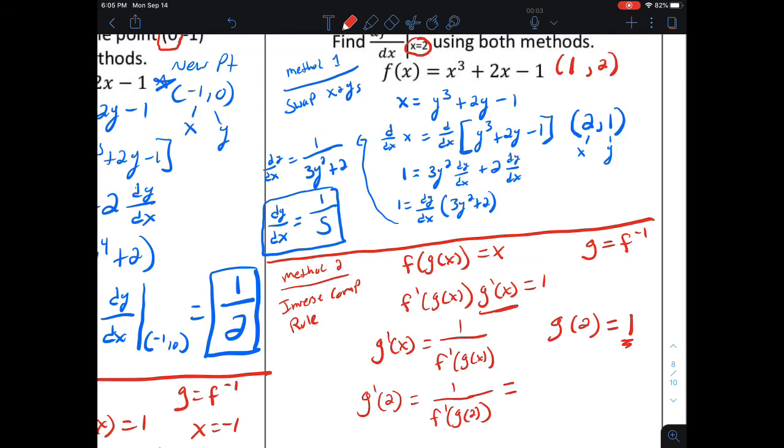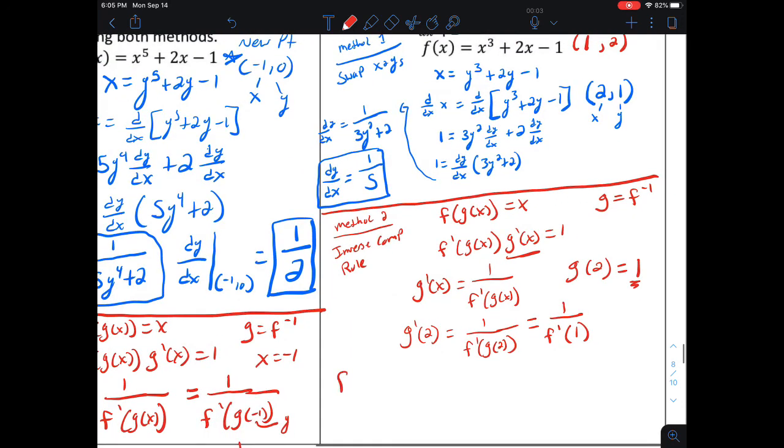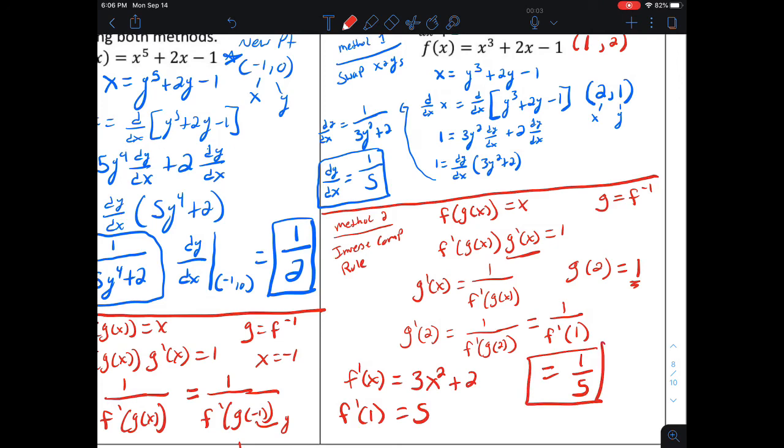So the value of the derivative of g of 2, since it's the inverse of f, is equal to 1 over f prime of 1. So I'd go find the derivative of f. The derivative of f is going to equal 3x squared plus 2, put 1 in, is equal to 5. So we do 1 over that number, and we have the same answer using 2 different methods.